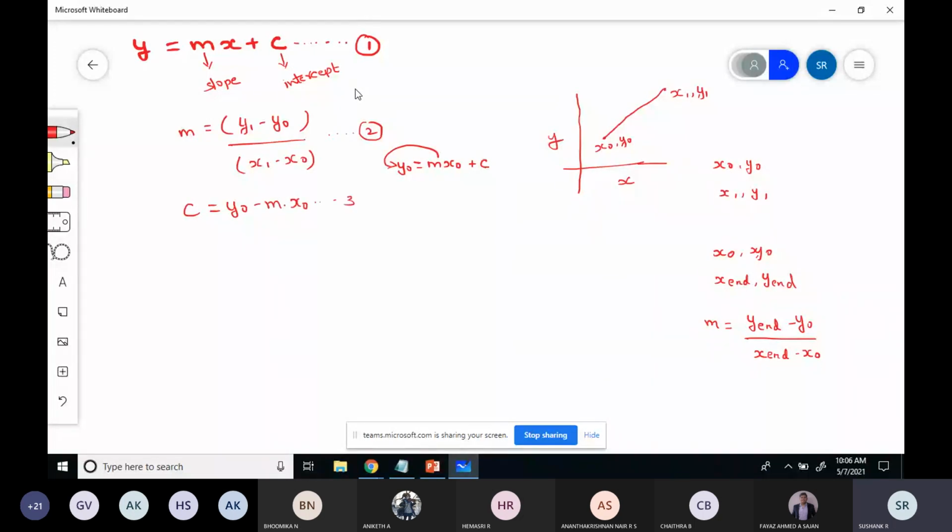This is the equation to calculate the intercept. Both of these equations we have derived from the simple straight line equation.